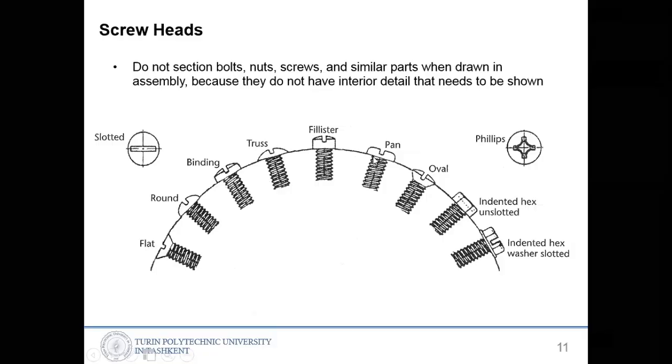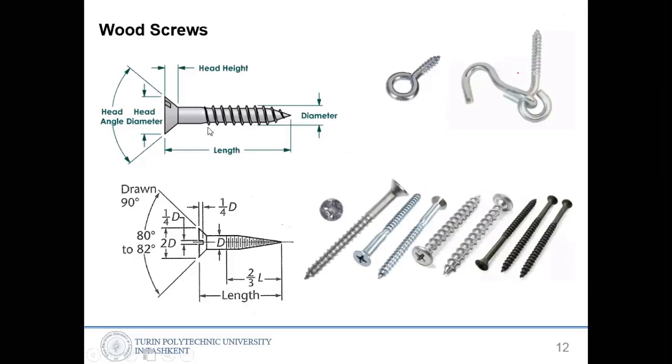The wood screws and metallic ones are different. In the metallic screws, the pitch is smaller. The distance between the crests we call pitch, right? That pitch value is smaller in the metallic threadings, but in the wood ones the shape is different.